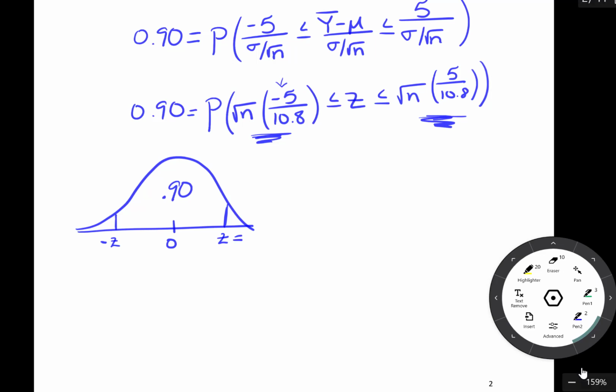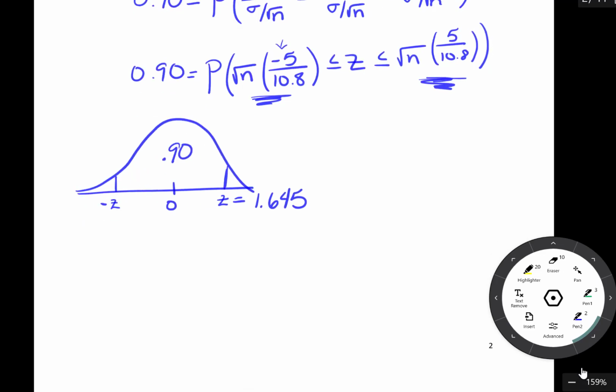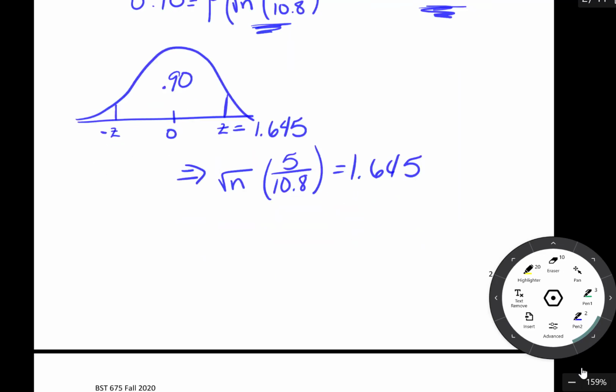We could either use R, or this is one of those common endpoints, equal to 1.645. So therefore, what we do is we set the square root of n times 5 divided by 10.8 equal to 1.645, and then we solve for n.